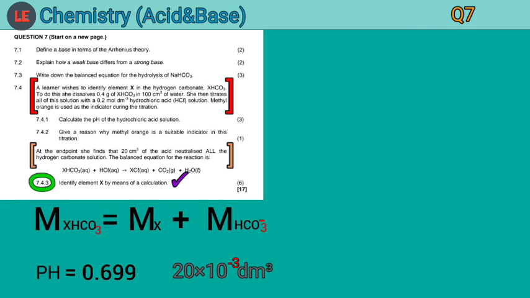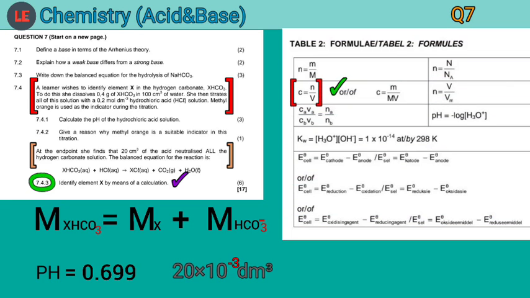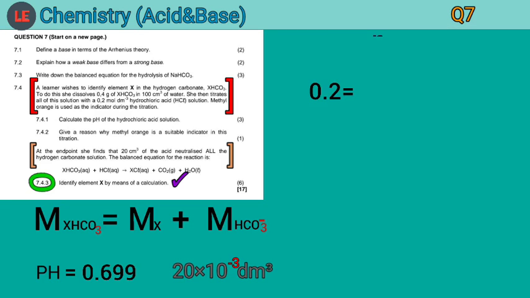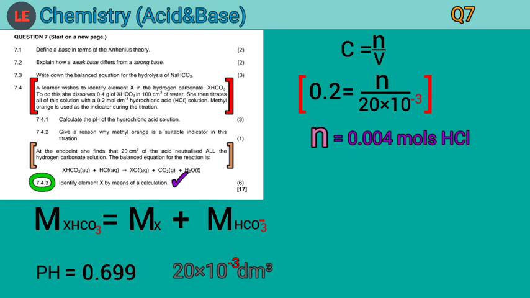We use this formula for concentration. We substitute like so. This is the HCl concentration and this is the volume we converted recently. We get moles of HCl to be 0.004 moles.